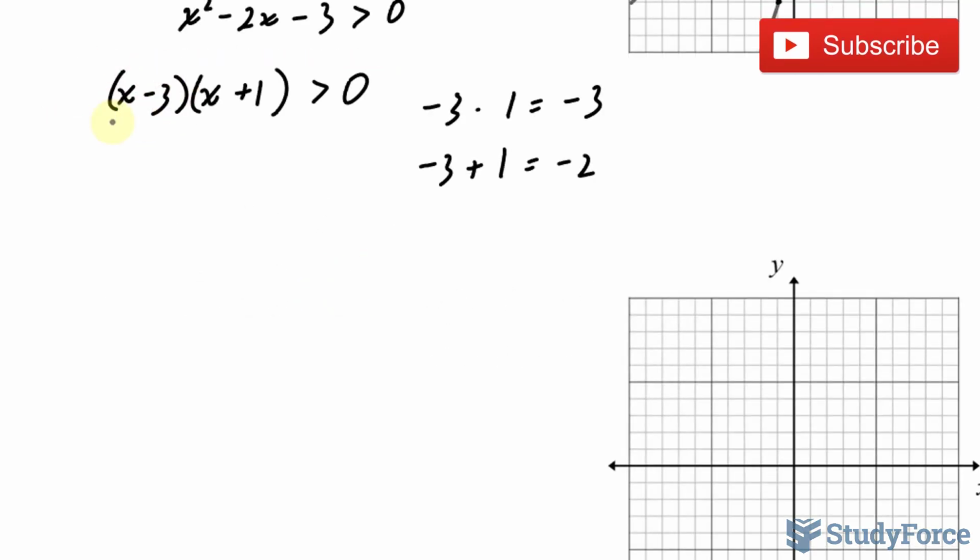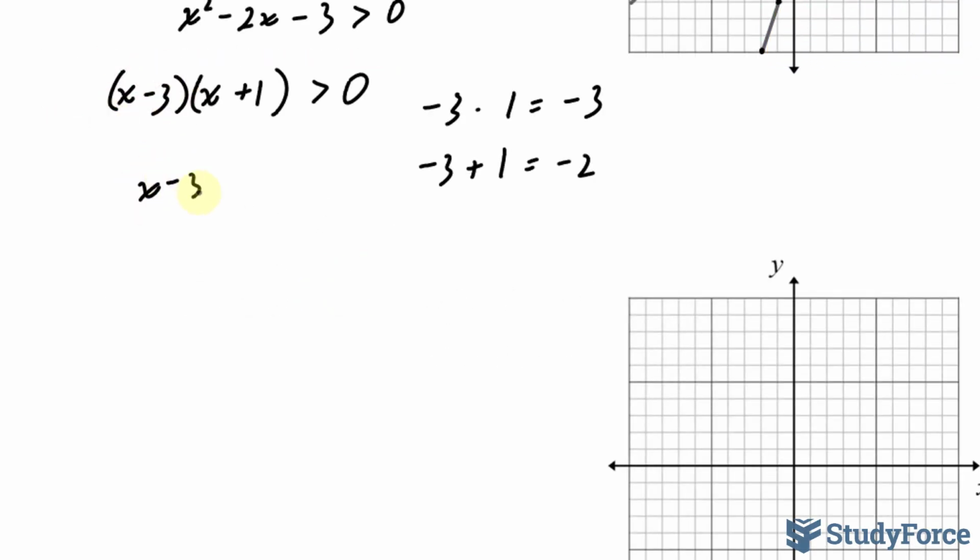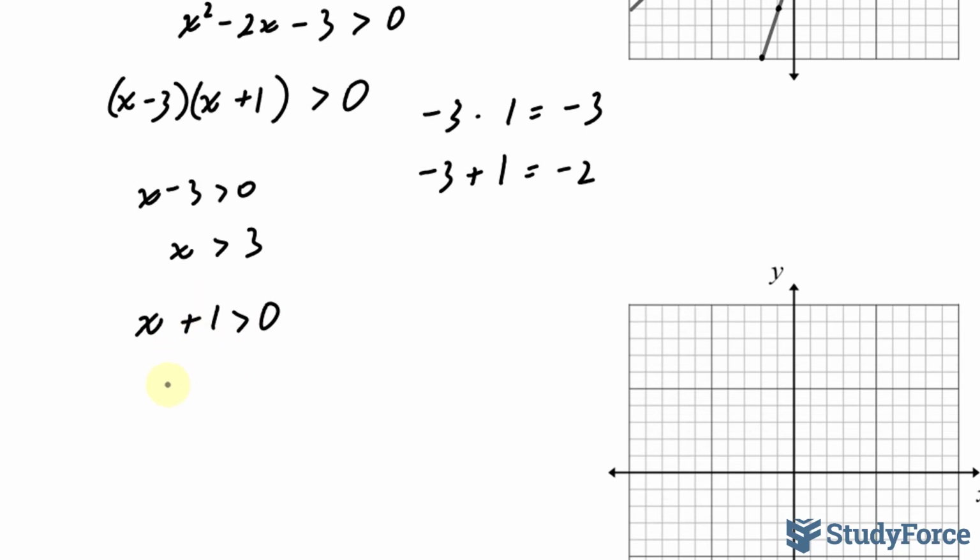If I solve for x for this bracket, I end up with x must be greater than positive 3. And if I solve for x here, I have x plus 1 must be greater than 0. Now solving for x, I end up with x must be greater than negative 1.